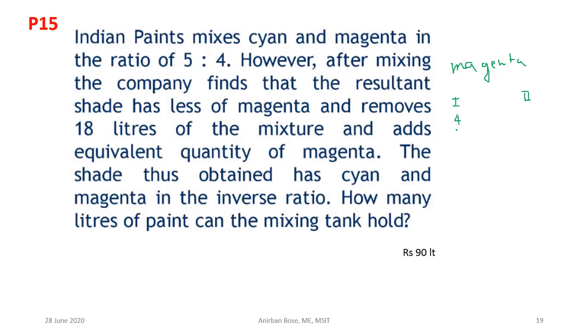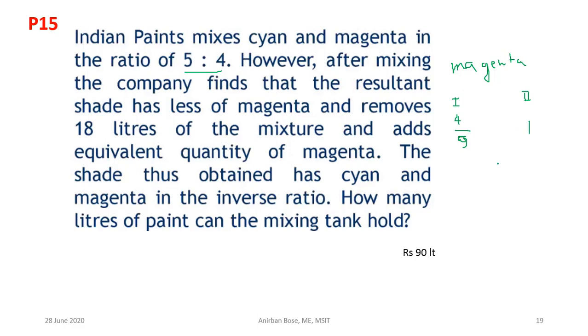It is 4 by 9, because it was in the 5:4 ratio, and some portion was taken out. However, after mixing, the company finds the resultant shade has less magenta, so removes 18 liters of the mixture and adds an equivalent quantity. Okay, so magenta added was what?